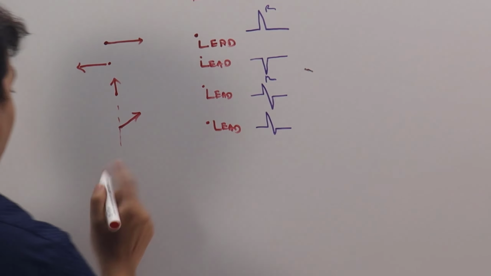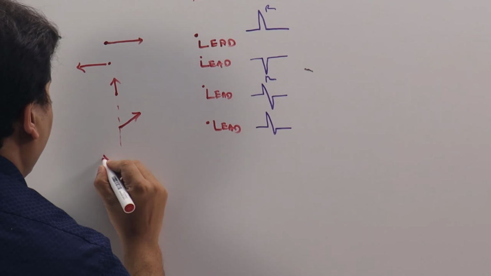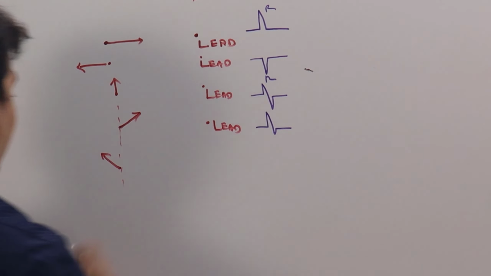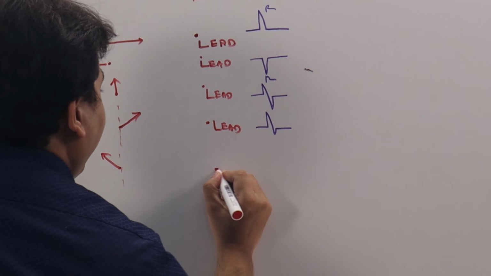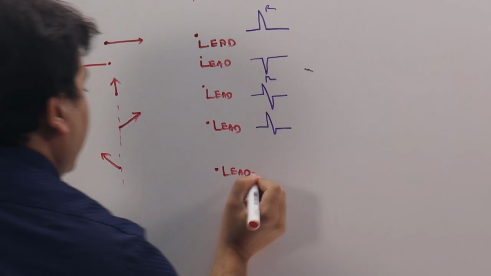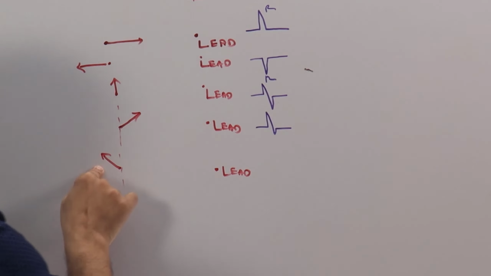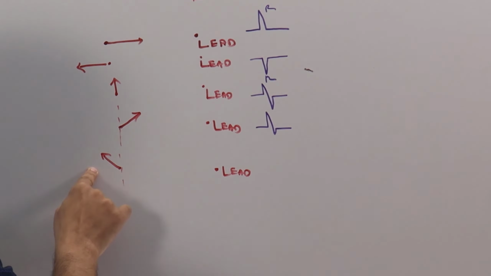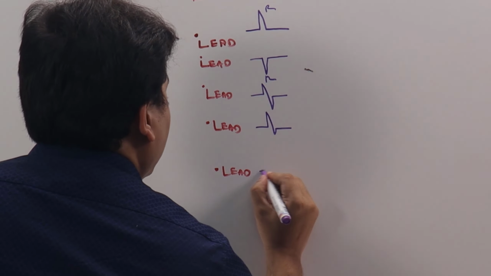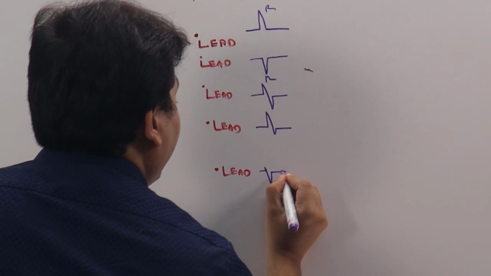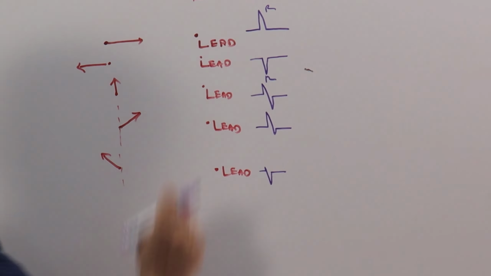Similarly, if a wave goes in this direction, what will happen to the lead? It is going away from it, so it will be a negative deflection, but it's not 100% going away. There's some component coming towards it, right? So it will be predominantly negative, but there will be a little positive deflection also, right?